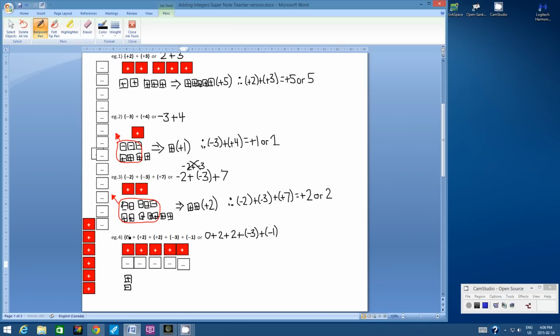Okay, that's the first integer, 0. +2. Okay, 1, 2 positive tiles. +2 again. 1, 2 positive tiles. The third integer is -3. So 1, 2, 3 negatives. And then the last integer is -1.